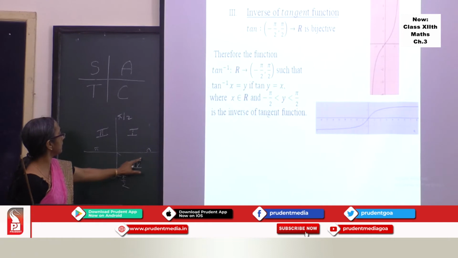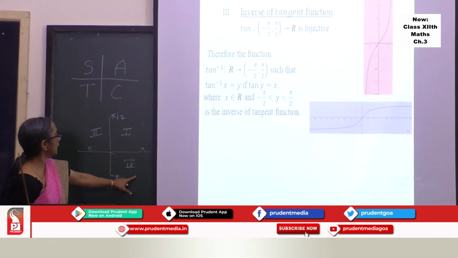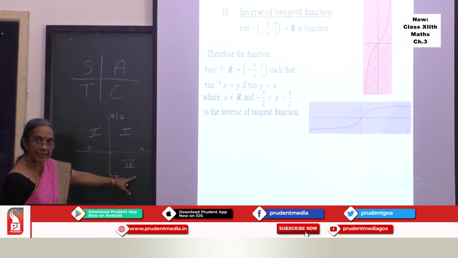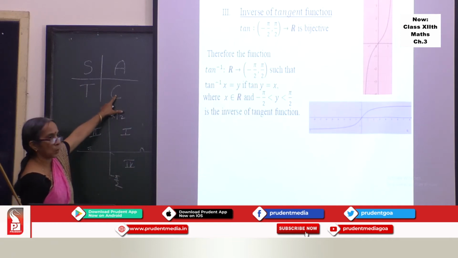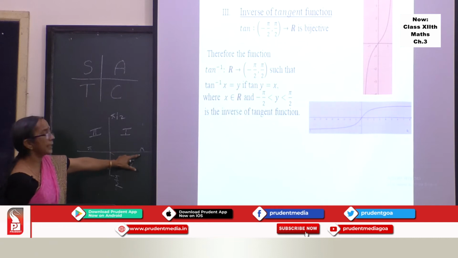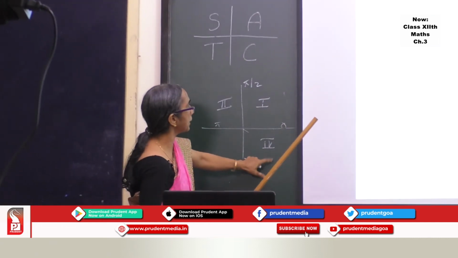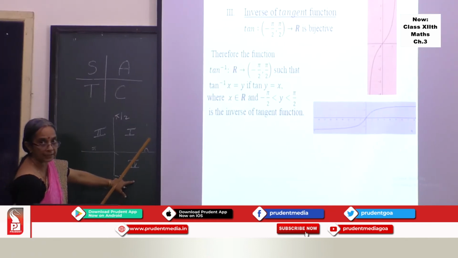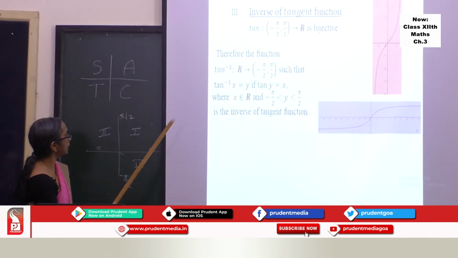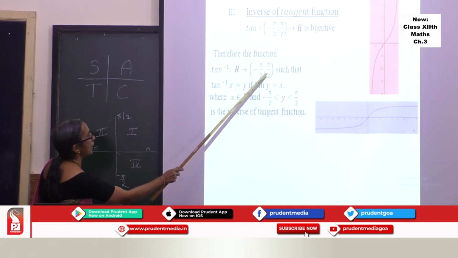All values between minus pi by 2 to 0. So here, in the fourth quadrant, tan is negative. In ASTC, only cos is positive in the fourth quadrant, and in the first quadrant tan is positive. So tan inverse of a negative value, like sine inverse, is an angle between minus pi by 2 and 0.